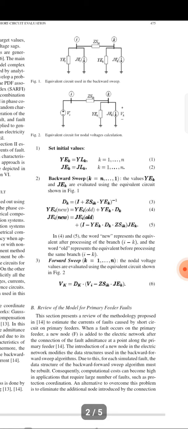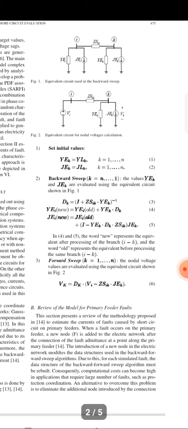We review the model. The primary session reviews the methodology proposed for estimating faults caused by short circuits in the primary feeder. Nodes and admittances are connected through fault admittance at a point in the primary feeder. The introduction of a new node in the electric network modifies the data structure used in the backward-forward sweep algorithm.